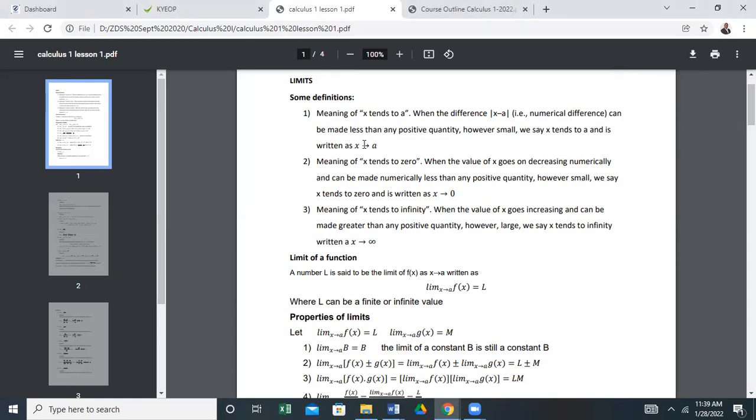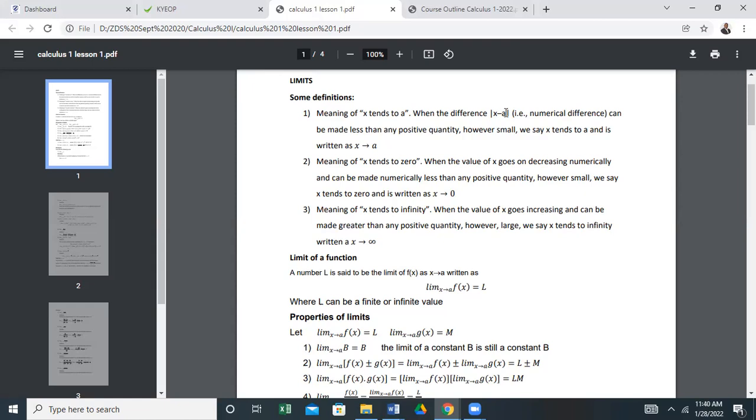This arrow means that our x is tending to A. So we are talking of the numerical difference between x and A. For example, if x is 5 and A is 6, when we are talking of x tending to A, it means that it can be made less than any positive quantity to approach that A.